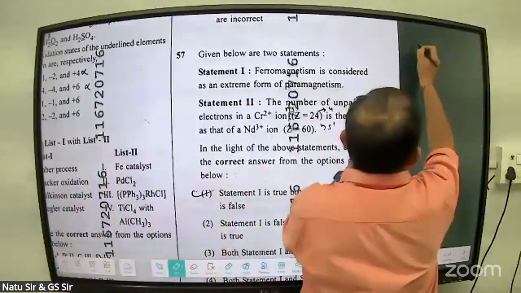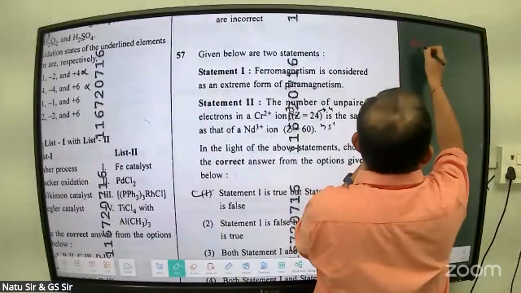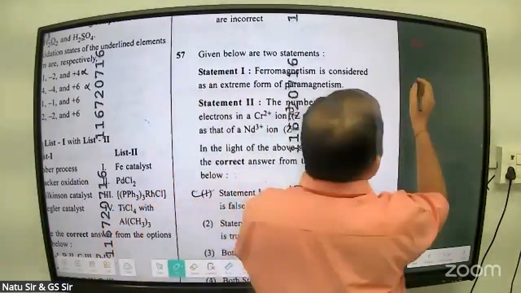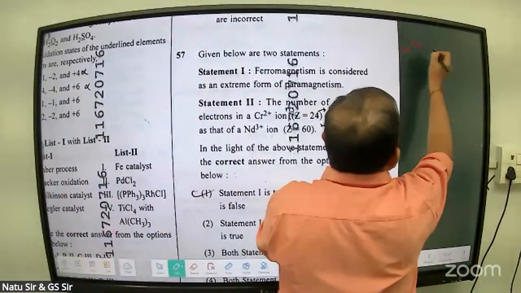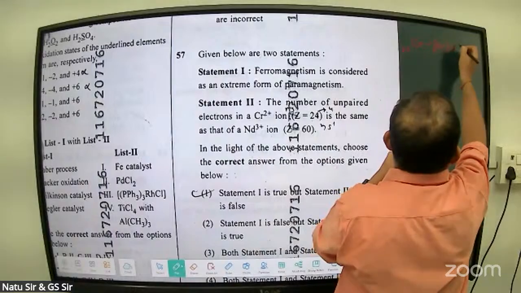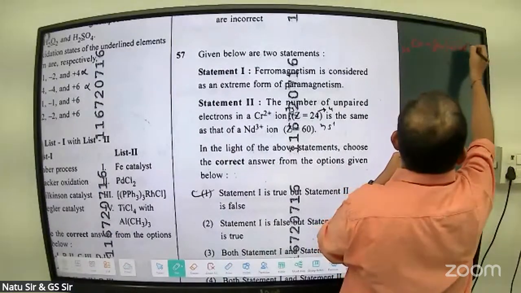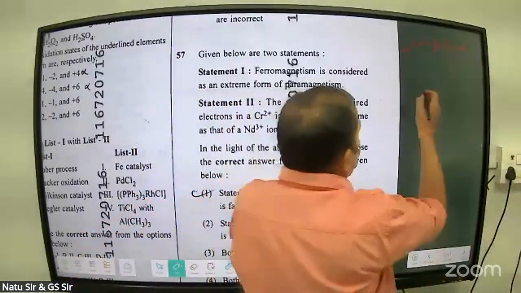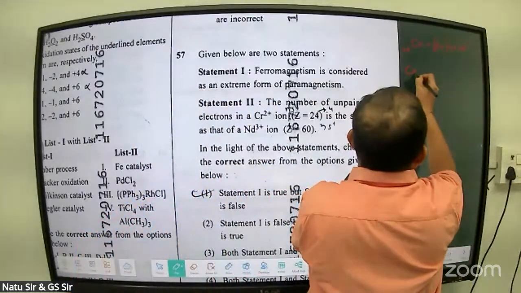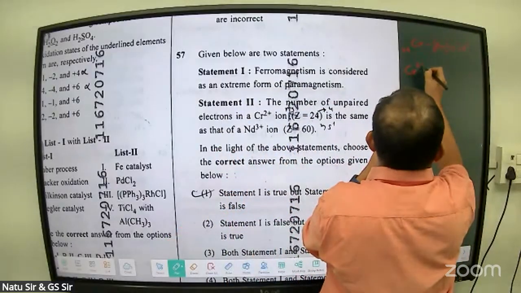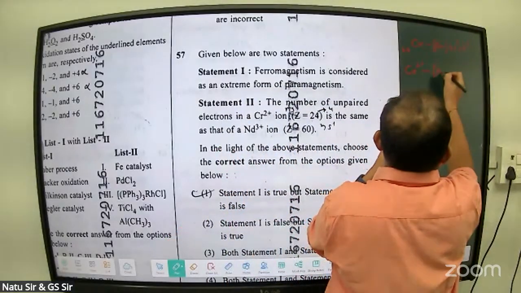So first of all, let us write the electronic configurations of these two. So our chromium is what atomic number? 24. So it becomes Argon 4s1 3d5. Basically it is an exceptional configuration. So 4s1 3d5. Cr2+ will become what?